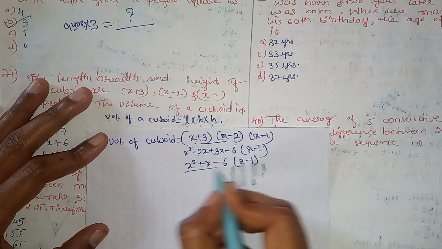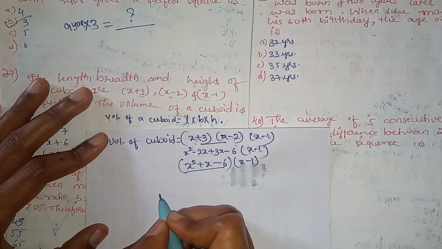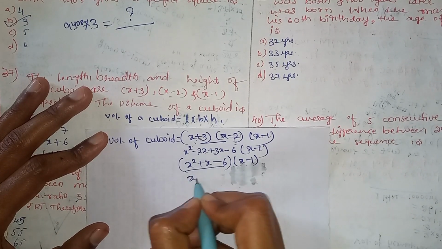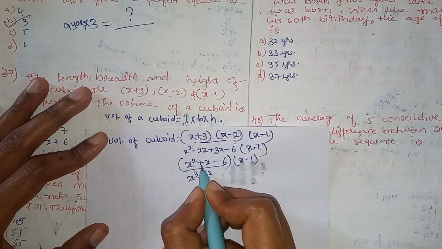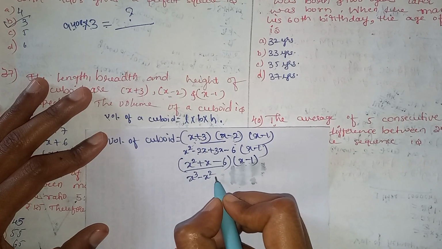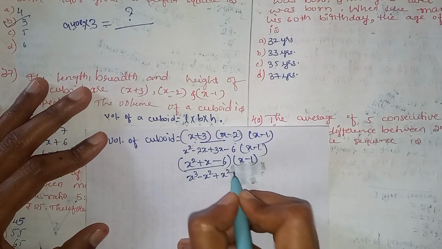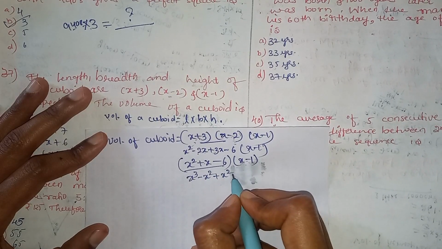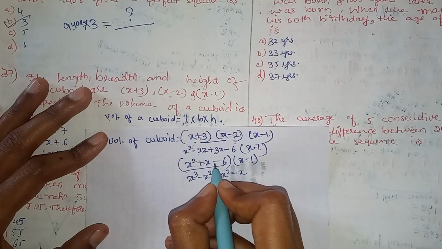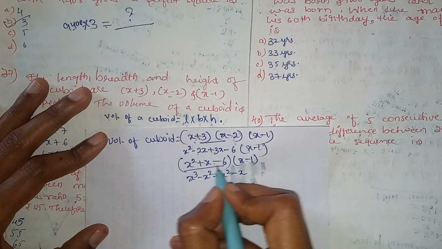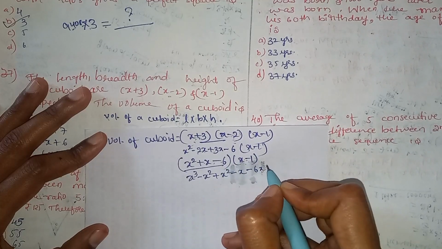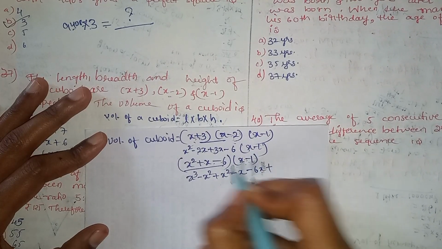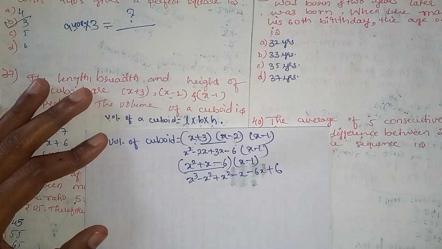Let's multiply this complete expression with x minus 1. x square into x, x cube; x square into minus 1, minus x square; plus x into x square, plus x square; plus x into minus 1, minus x; minus 6 into x, minus 6x; minus 6 into minus 1, plus 6.